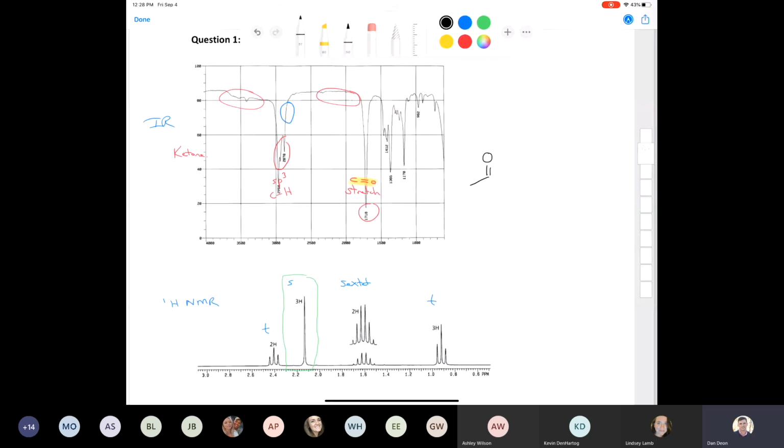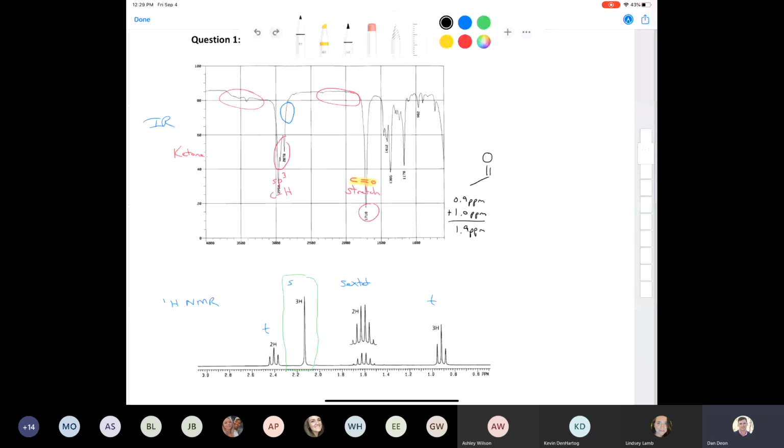It's 0.9 parts per million, but when it's alpha to a ketone, we add 1 part per million. And so we have 0.9 plus 1, and we end up with a total of 1.9, which is close enough to 2. That's pretty close to the chemical shift that we see right here. It's around 2.1, and so that seems totally reasonable.